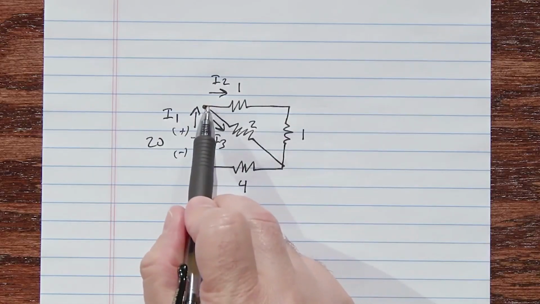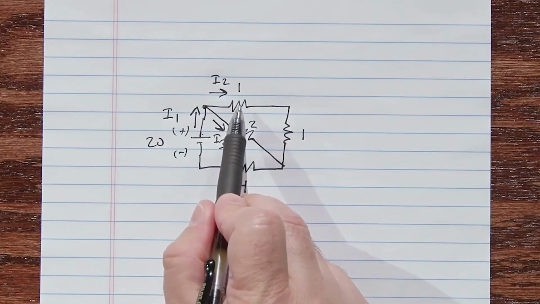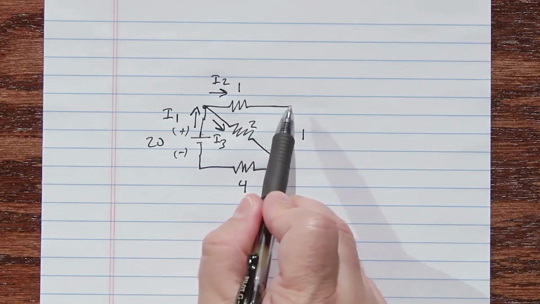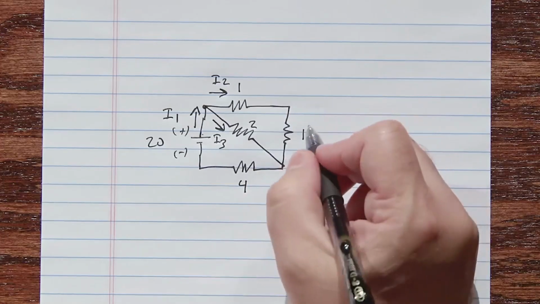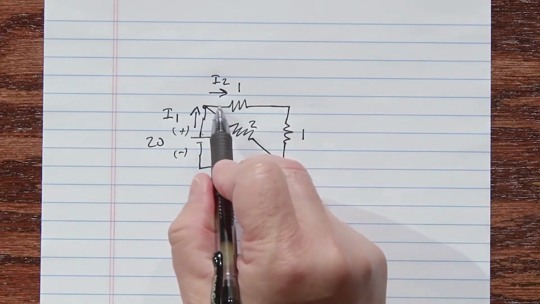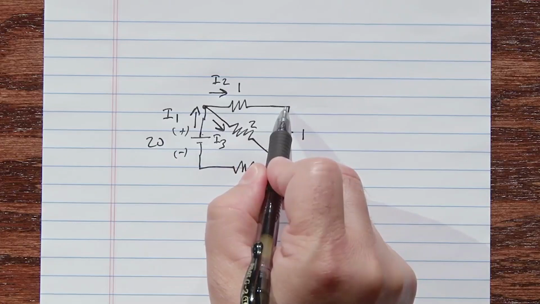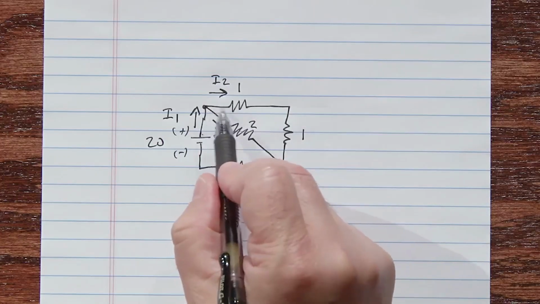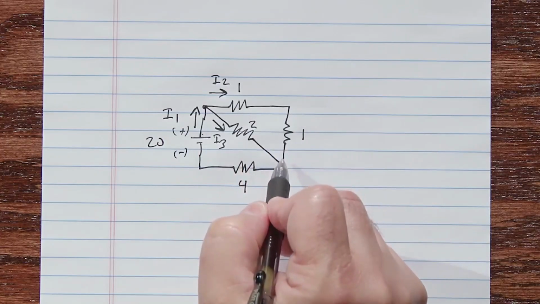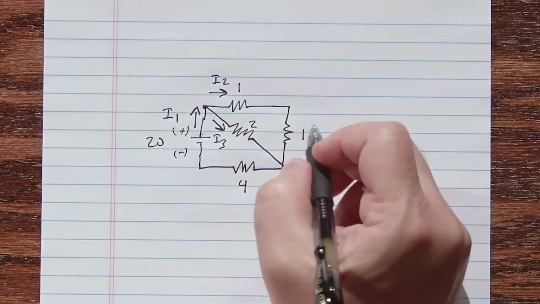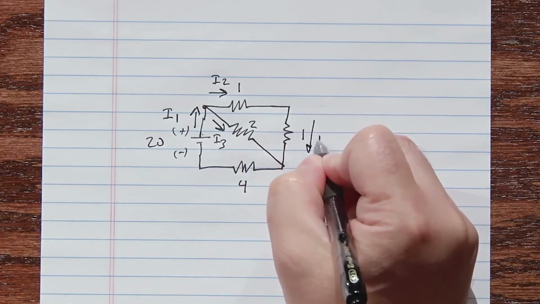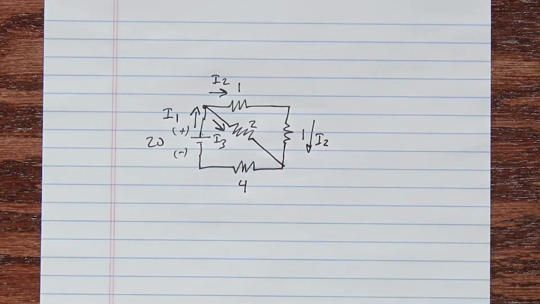So I2 flows this way, goes across this 1 ohm resistor, and down across this 1 ohm resistor. Once I2 goes across this resistor, there's no place for it to split off, so whatever goes through this resistor also has to go through this resistor. So we still have I2 going in that direction.